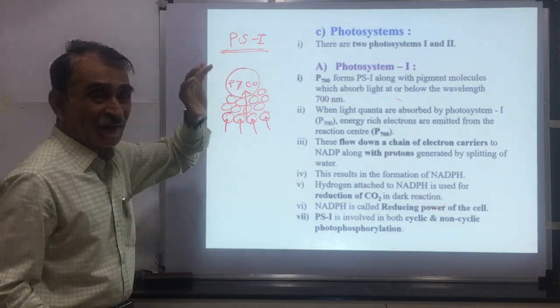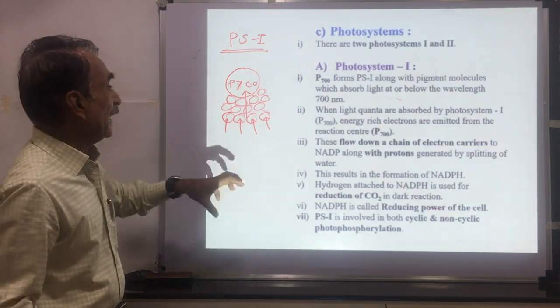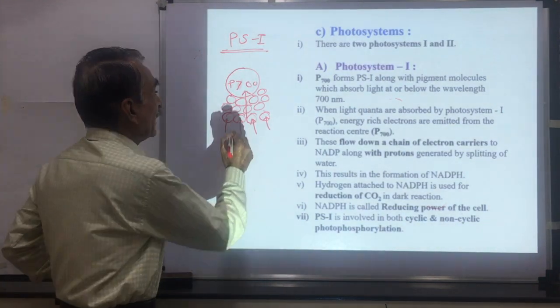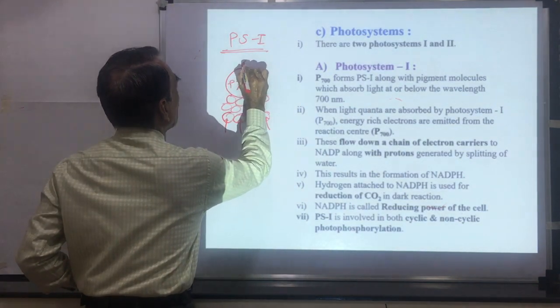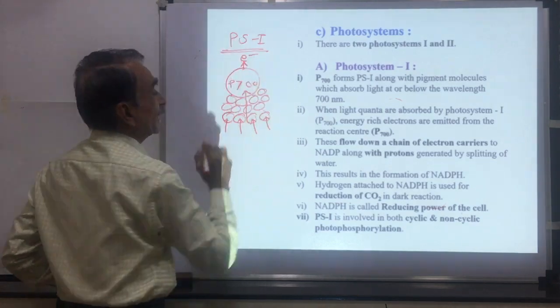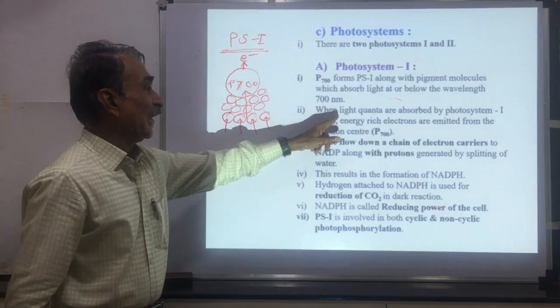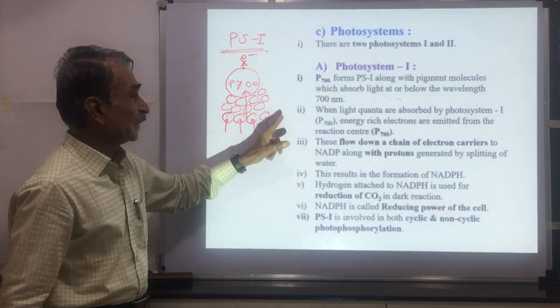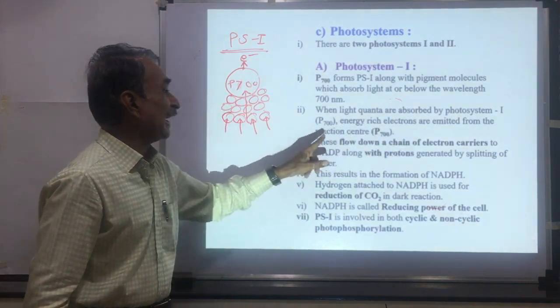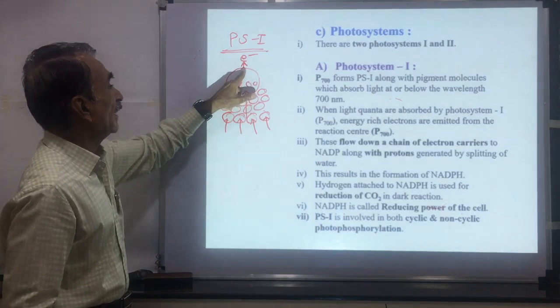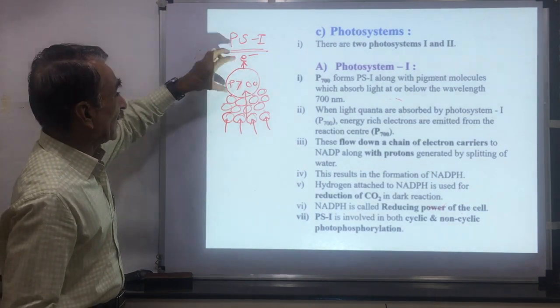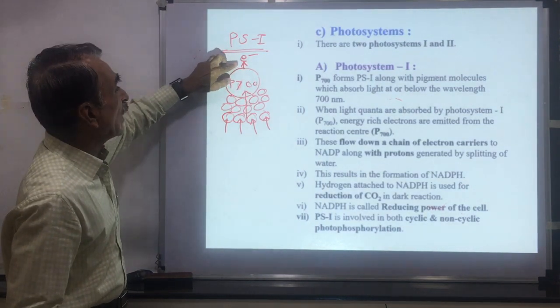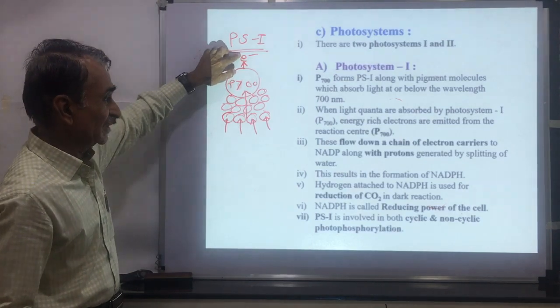When this P700 form of chlorophyll A absorbs the light energy, it expels an extra amount of energy along with the electrons. From the reaction center, an excess amount of energy is given out along with these electrons.